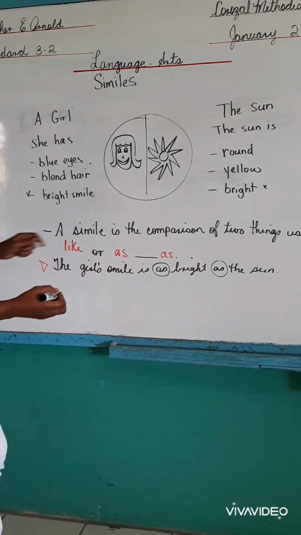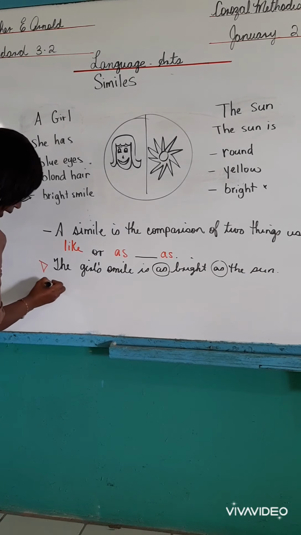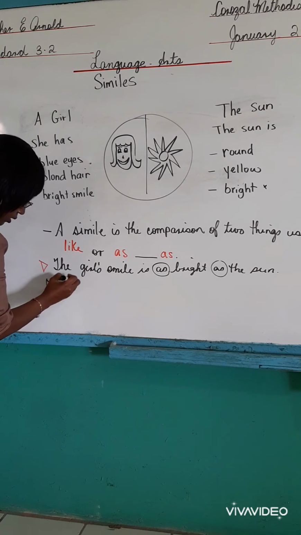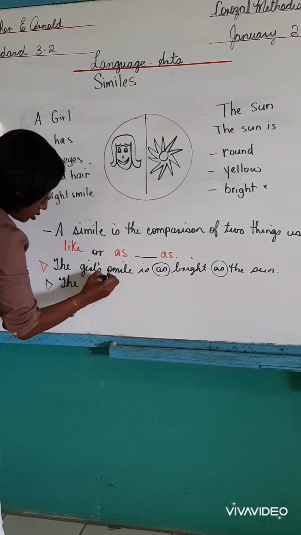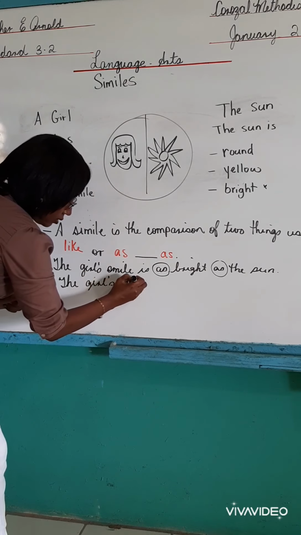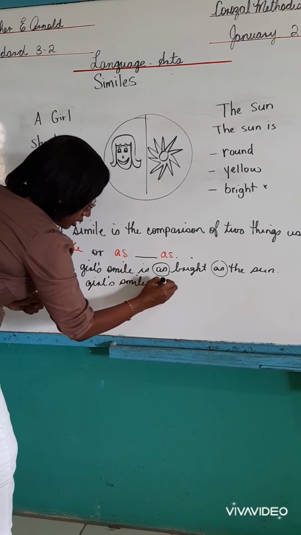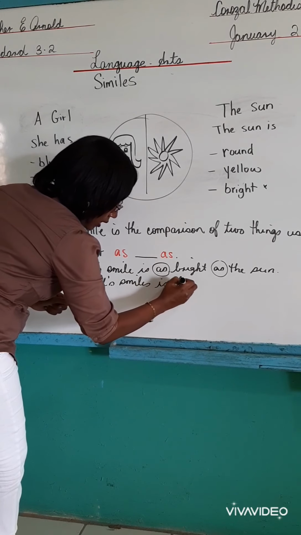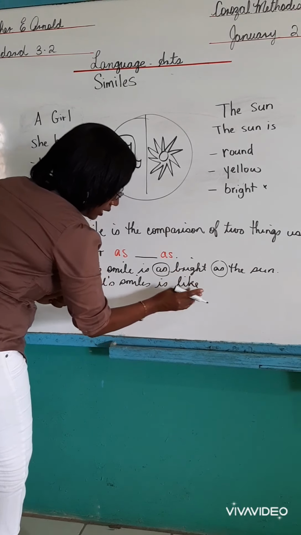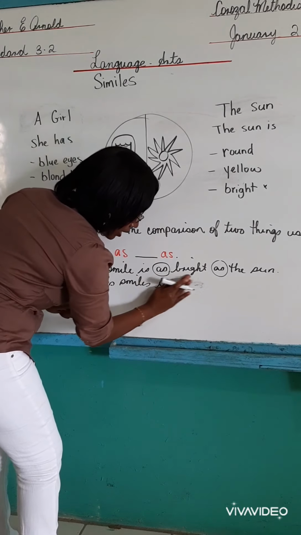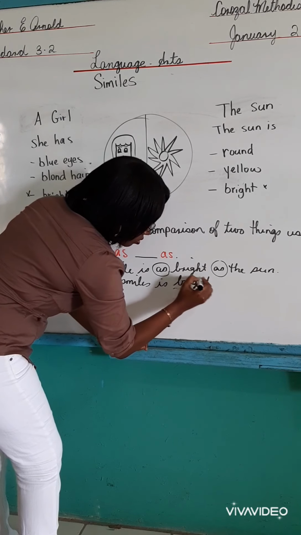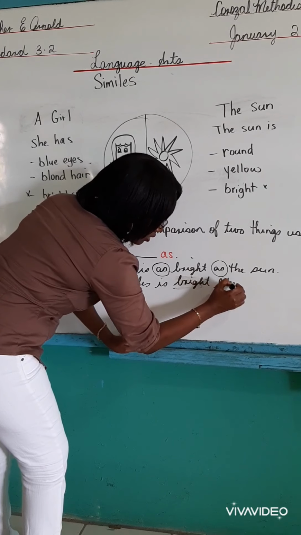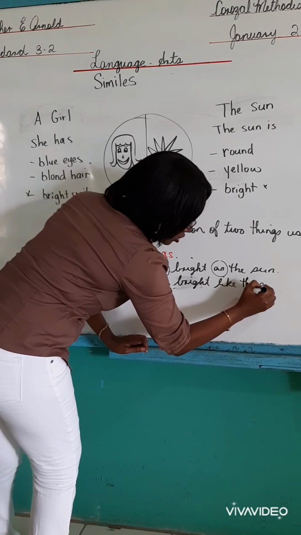I can write it just using the word like as well too. I can say, the girl's smile is bright like the sun.